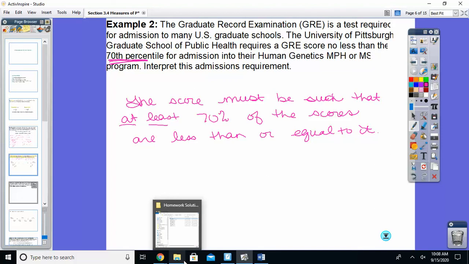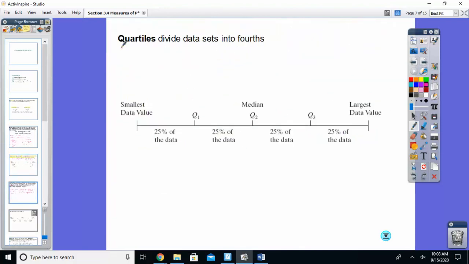We talk about quartiles a lot, and we will in the coming sections. Do you know what a quartile is? It's a type of percentile that breaks our data into fours. So quartile divides it into fours. In other words, we have quartile 1, which is the same as the 25th percentile, so that 25% of the scores are less than or equal to it.